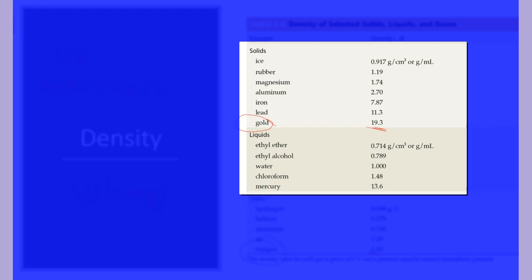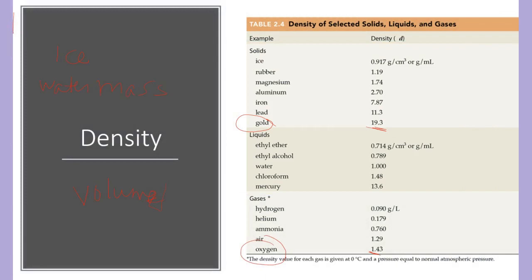If you said it goes to the top, you are absolutely correct. Because if we look at our density value of ice, the number is 0.917 grams per centimeters cube. But when we look at the density of water, it is 1.000 grams per milliliter. Obviously, the less dense the item is, the lighter it will become and it will actually float. The more dense something is, it will actually sink.